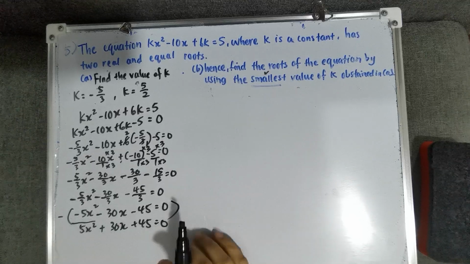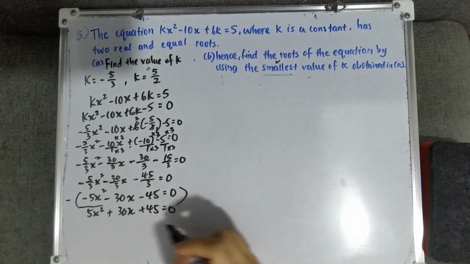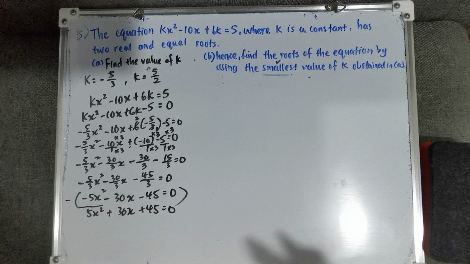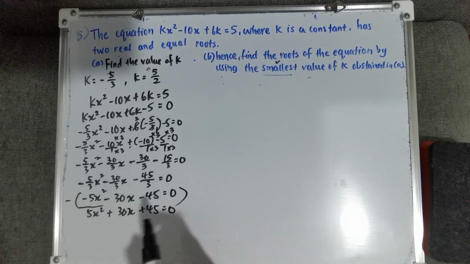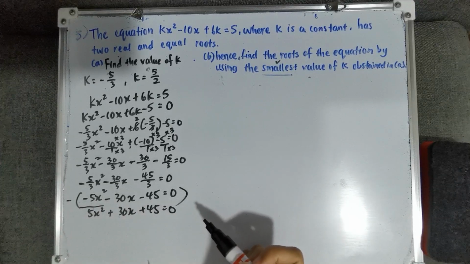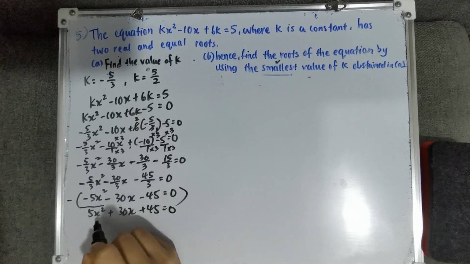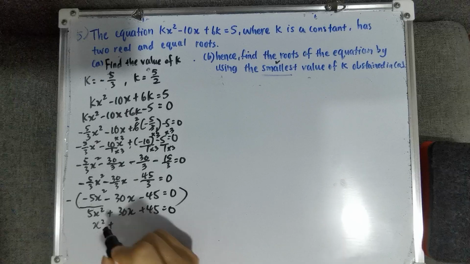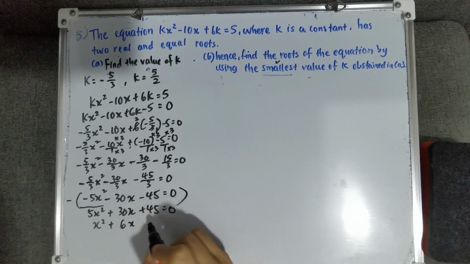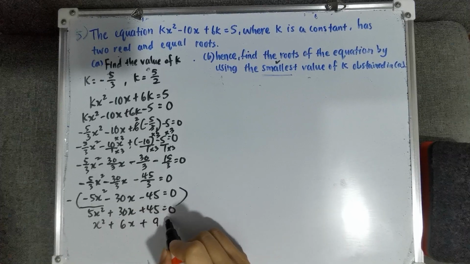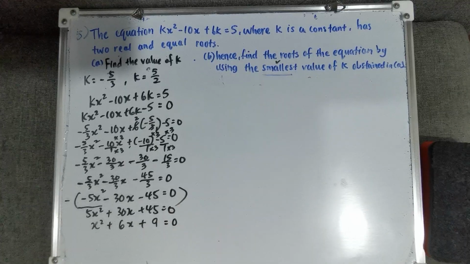The next step, we have to simplify your equation. So for the multiplications, you have 5, 30, and 45. So the common multiple is 5. 5 times 1 is 5. 5 times 6 is 30. 5 times 9 is 45.